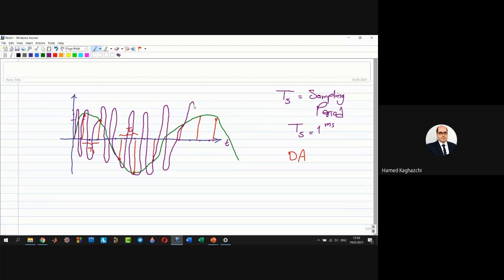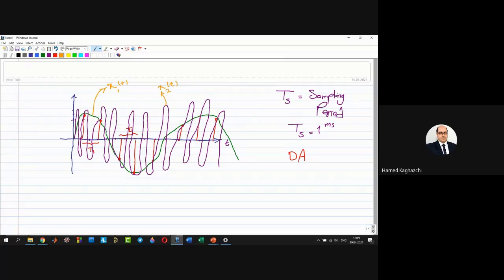Now the red one, this sampling form, can be the sample of this signal, which is called x1(t), and also this signal, x2(t).